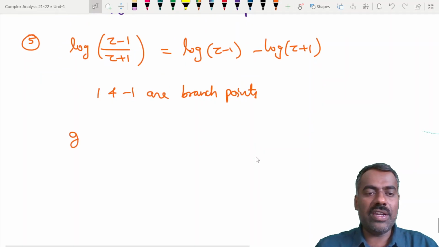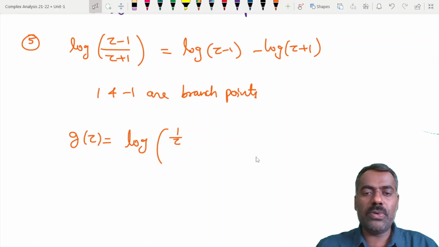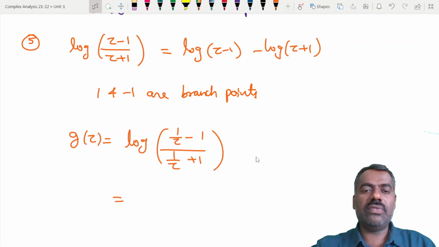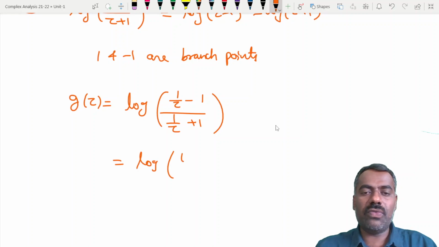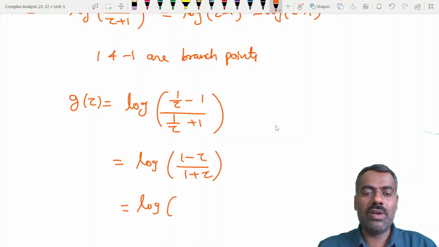What about infinity? To find out, you take a new function, g of z, where wherever z is there, you put 1 by z. Then we check whether 0 is a branch point for g of z. This is the same as log of (1 minus z) by (1 plus z), which is the same as log (1 minus z) minus log (1 plus z).